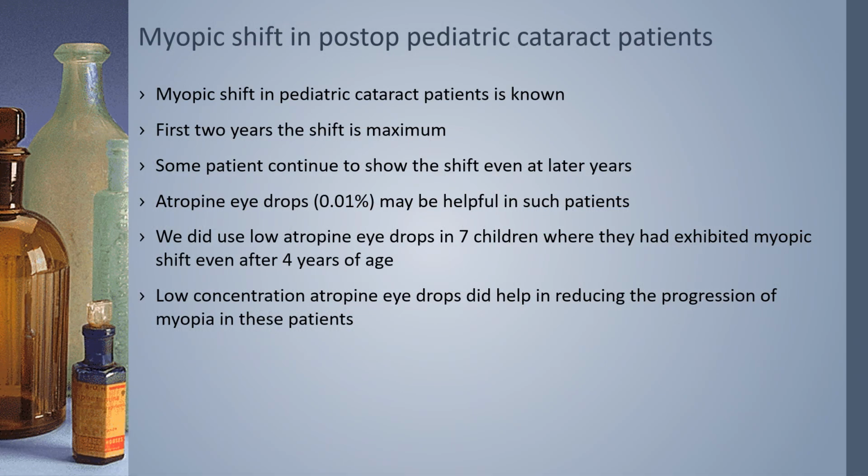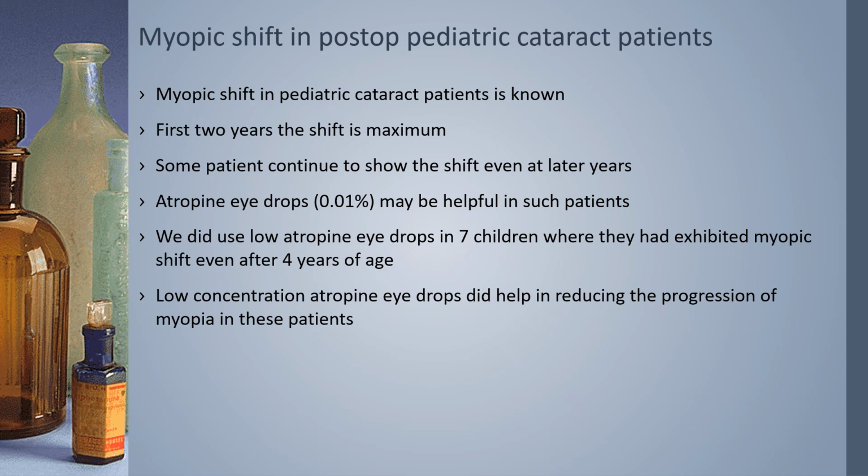We did use low concentration atropine in post-op pediatric cataract patients. I know there has not been any data or any such report across the globe on using atropine 0.01% in children who have been showing myopic shift. Not many patients, but yes, over a period of time we have these 7 patients.